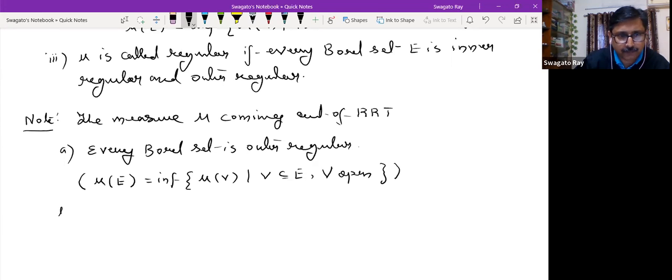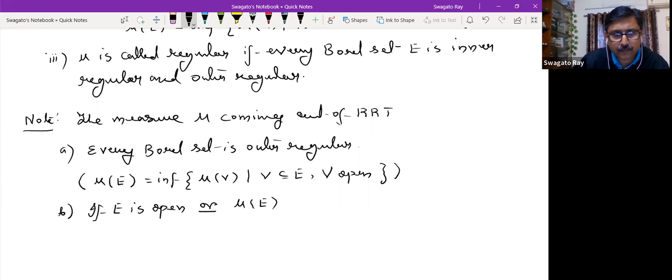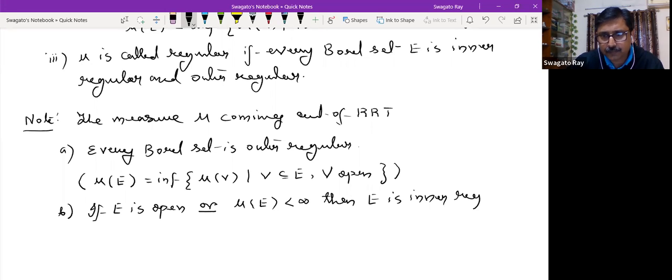Next step. And here there is a problem. If you remember the statement of the Riesz representation theorem, forget about the proof, just the statement. One statement of the Riesz representation theorem says that if E is open or the measure of E is finite, then E is inner regular, in our language.